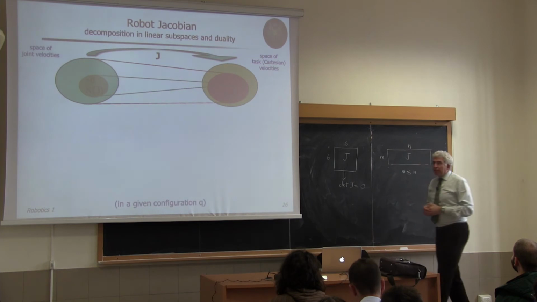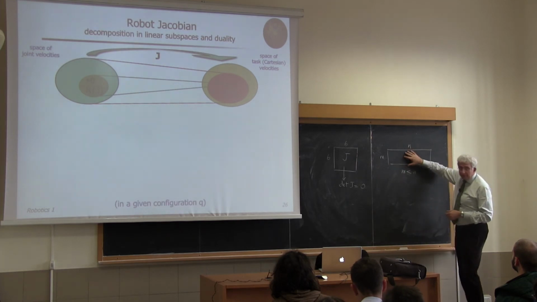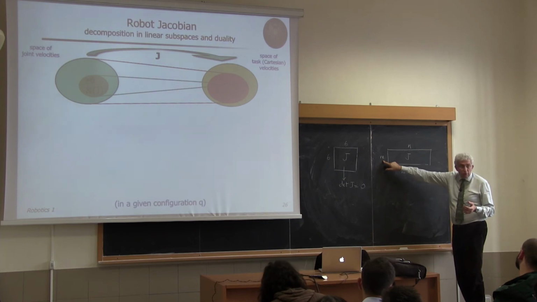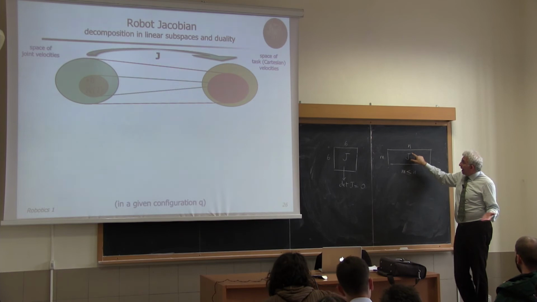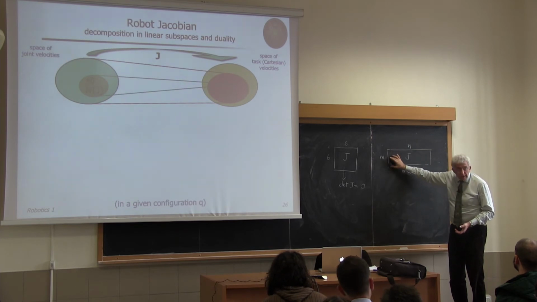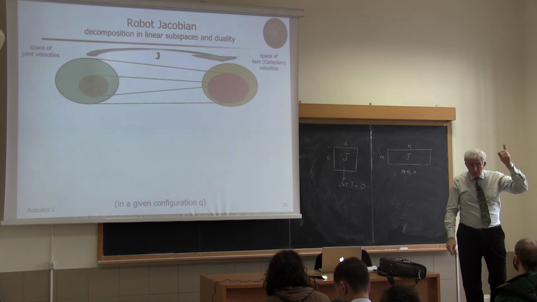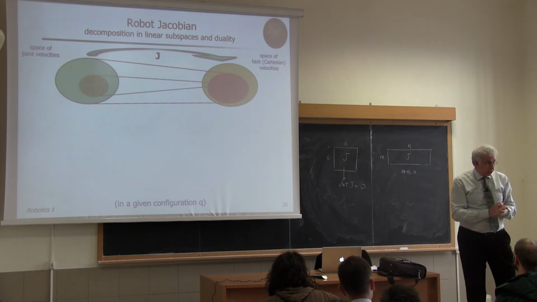We will define singularity not only in the case of a square matrix, but also when this matrix is not full rank. If the matrix has fewer rows than columns, because of the definition of the rank of a matrix, at most it can have a rank equal to the number of its rows. When the rank is lower, it means that in the m-dimensional space of destination, so the task space of interest, we cannot access any direction.